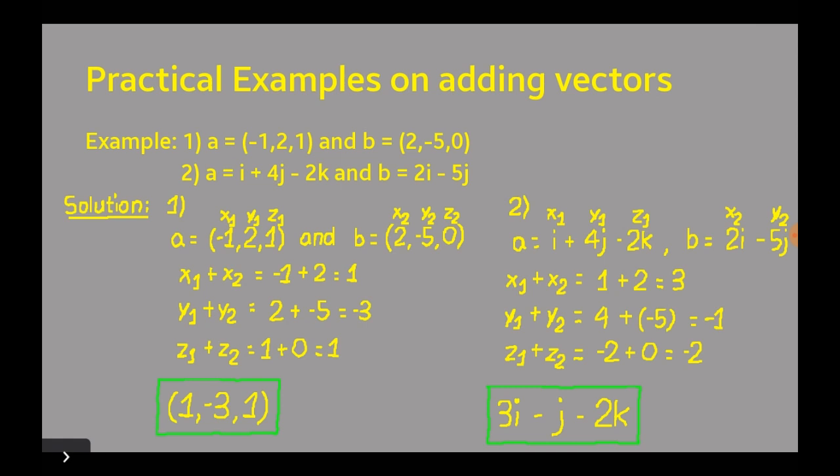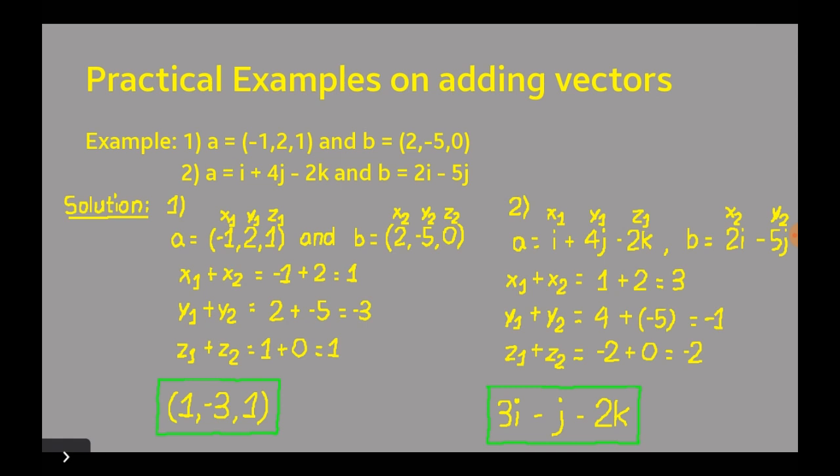That's clear. And second, a is i plus 4j minus 2k, and b is 2i minus 5j. i is x1, 4j is y1, minus 2k is z1. b equals 2i, x2, minus 5j, y2, and z2 we can simplify, we say 0. x1 plus x2 is equal to 1 plus 2, which equals 3. y1 plus y2 is equal to 4 plus negative 5, which equals negative 1. z1 plus z2, minus 2 plus 0, equals negative 2.